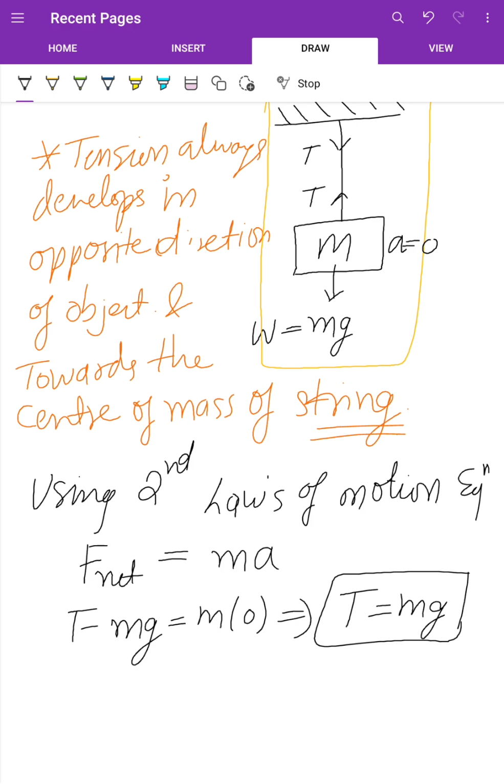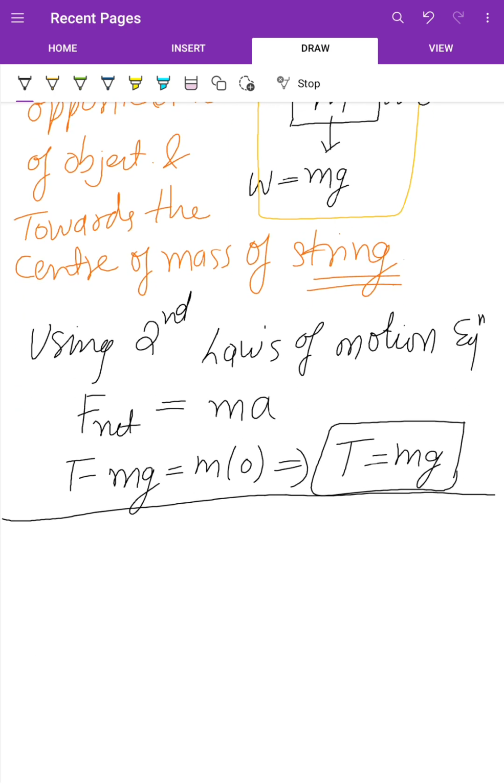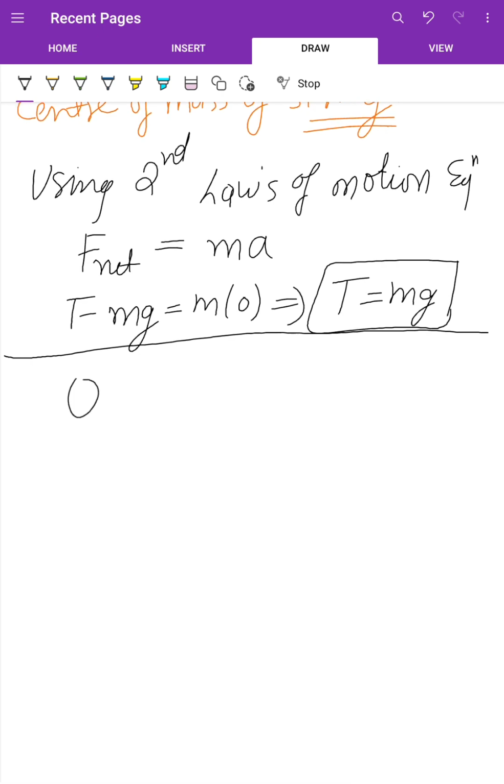Right? Now let's move back to our problem. That was two students pulling the rope with a force of 100 Newton each.